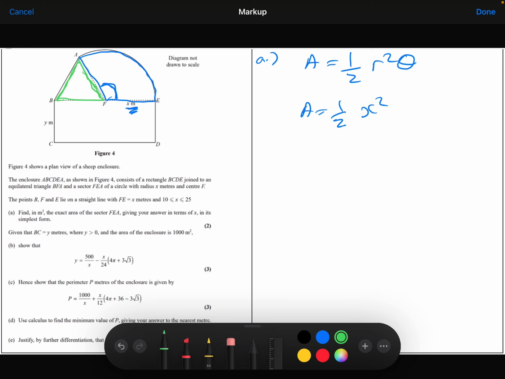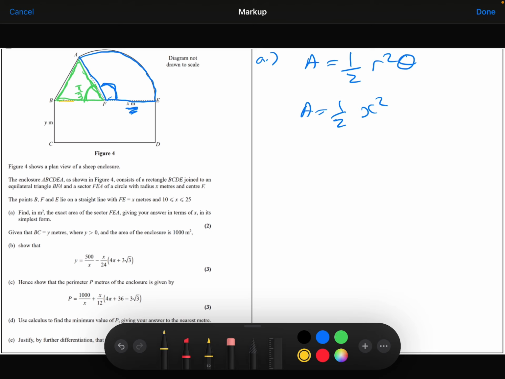Which means that the angles inside that triangle add up to pi radians. Remember that 180 degrees is pi radians. So therefore that angle there will be pi over 3 radians.